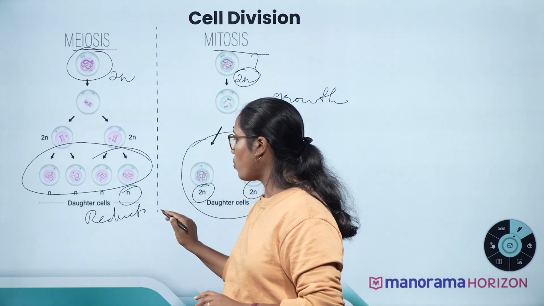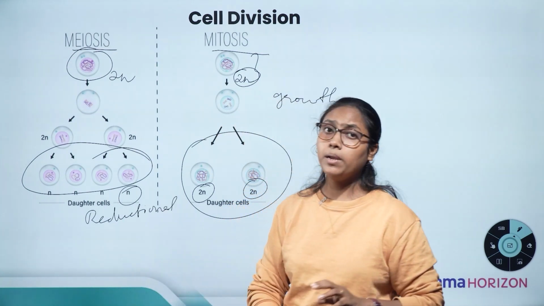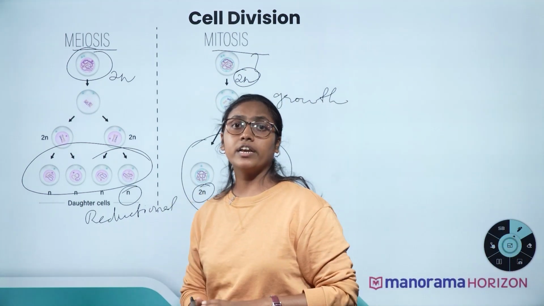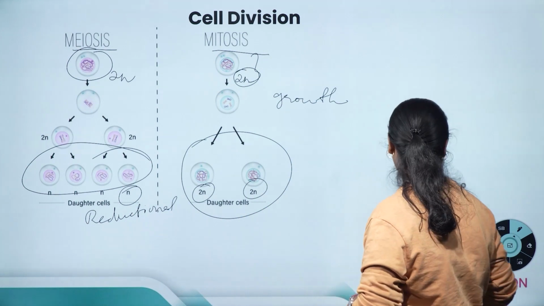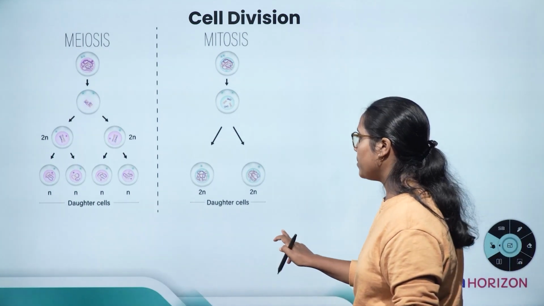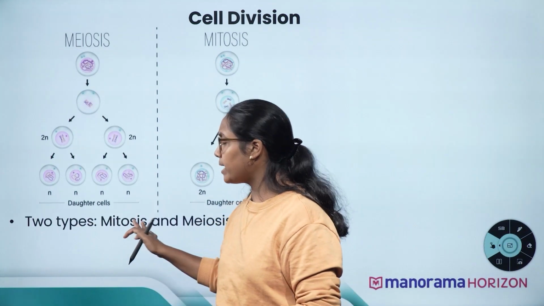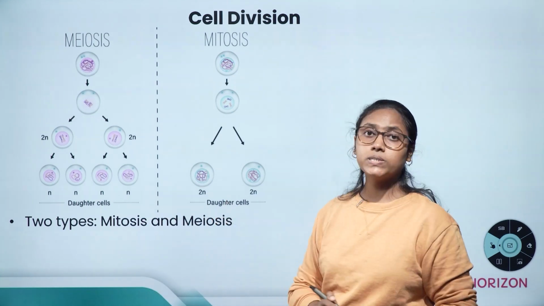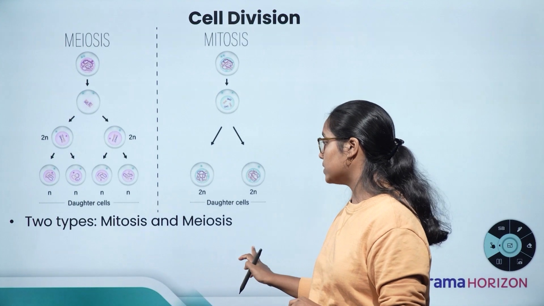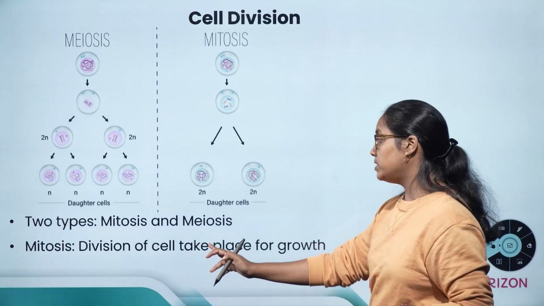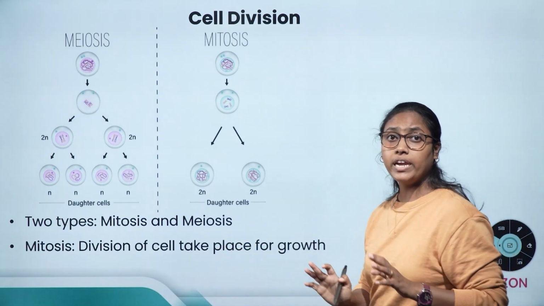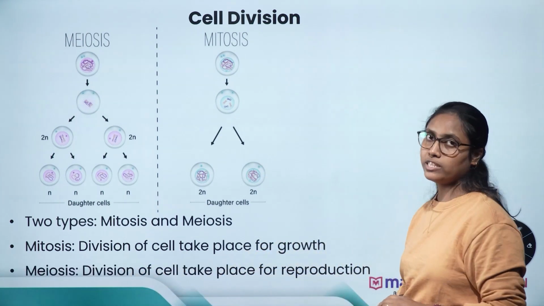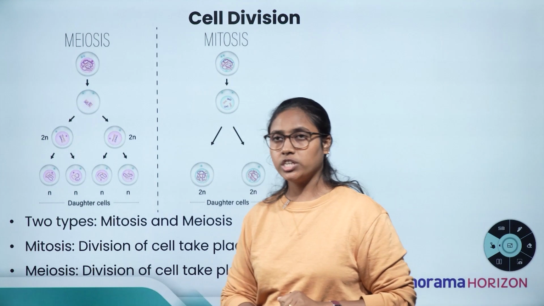It takes place only in reproductive cells, not in all cells, like during gamete formation. So two types of cell division occur in our body: mitosis and meiosis. Mitosis takes place during growth, whereas meiosis takes place during reproduction.